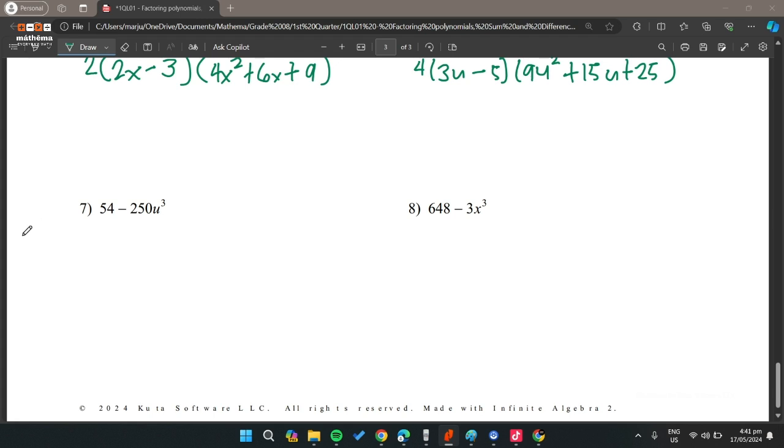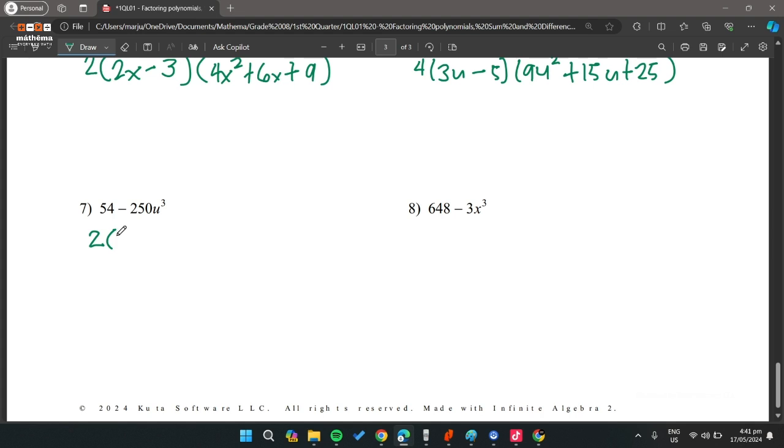So let's do number 7. What is the greatest common factor of 54 and 250? It's 2. This is not divisible by 3, so it isn't 3, 6, or 9. So we have 2. So factor out 2.